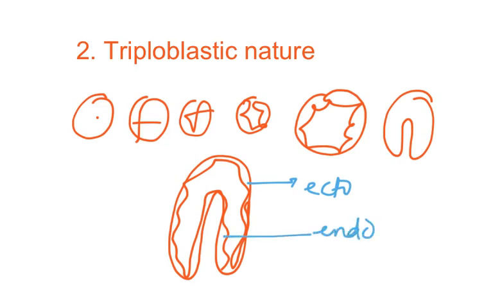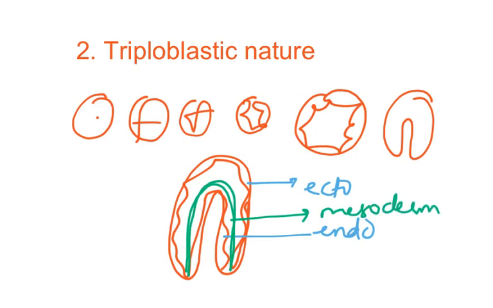In the middle, another additional layer is formed, that is mesoderm. So the presence of 3 germ layers is called triploblastic nature: ectoderm, mesoderm, and endoderm.